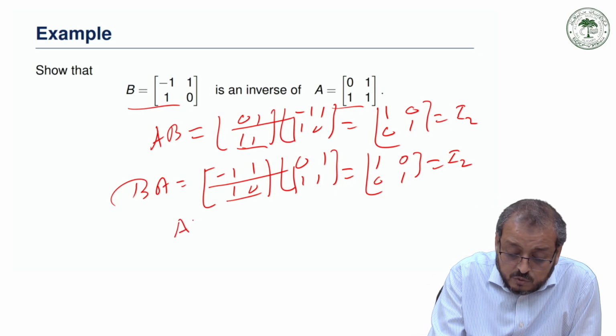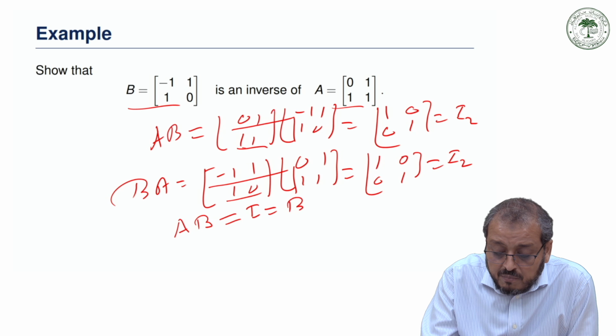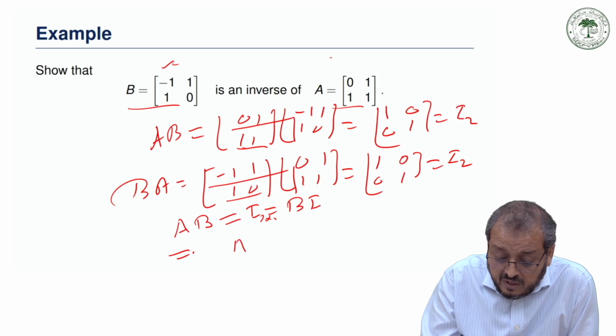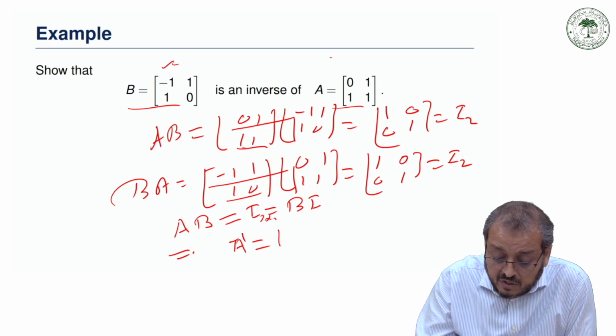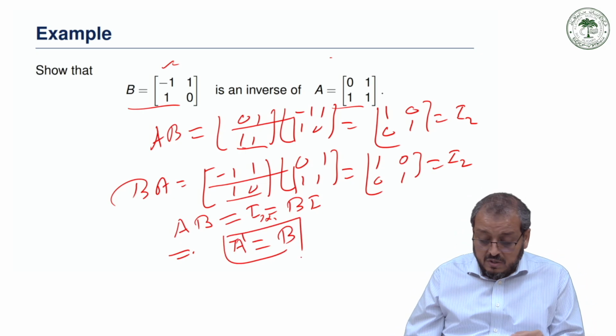So we have shown that AB is equal to BA, equal to the 2 by 2 identity matrix. Then this B is the inverse of A. That means A inverse is nothing but B. So the inverse of the matrix is nothing but B.